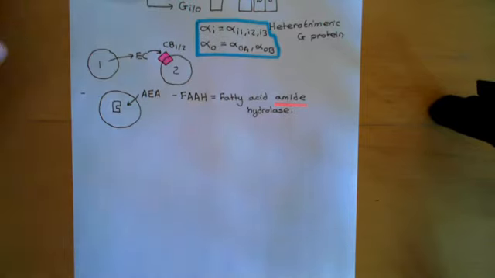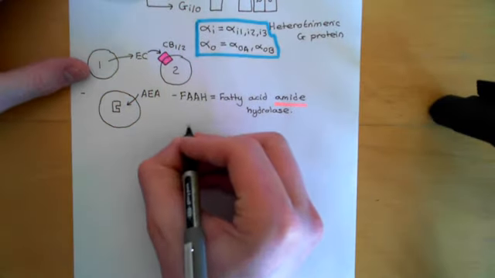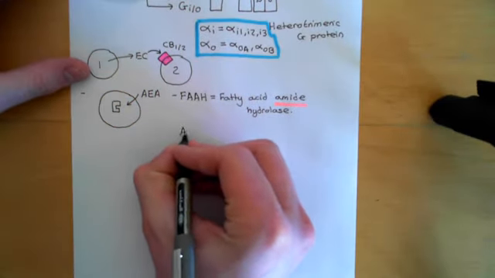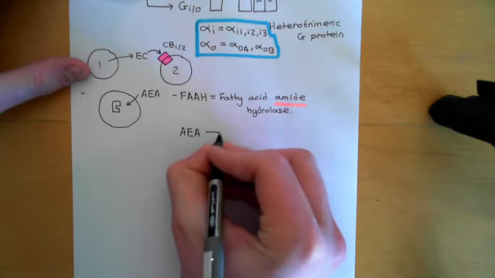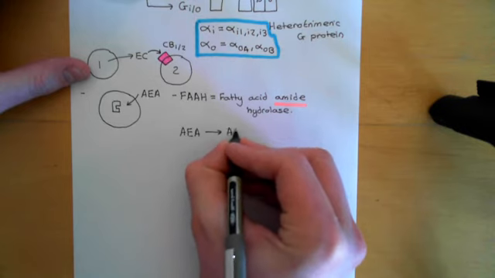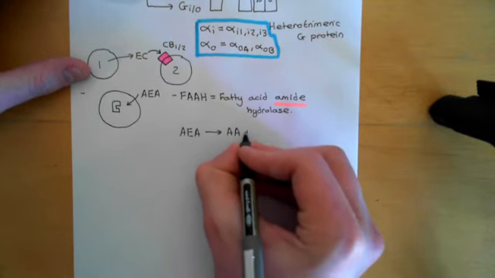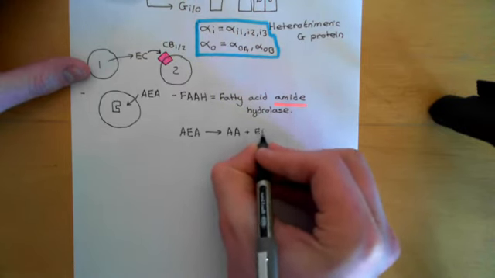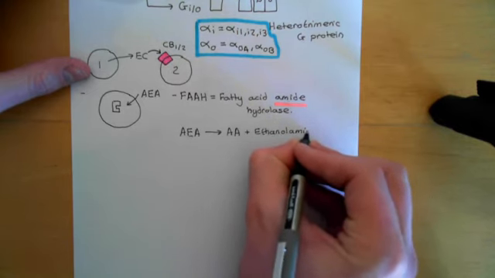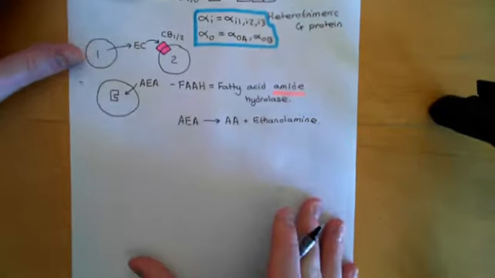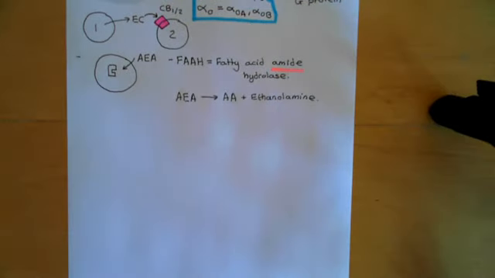So fatty acid amide hydrolase catalyzes the conversion of N-arachidonyl ethanolamine into arachidonic acid, which I'll abbreviate to AA, plus ethanolamine, which I will write out in full. I suppose I could have abbreviated it down to EA, but never mind. Right, so that's the breakdown of anandamide.